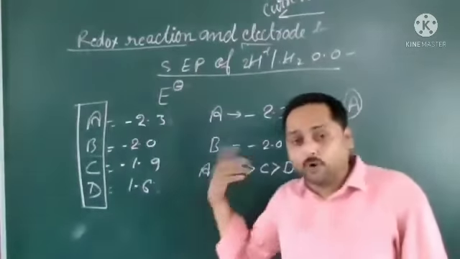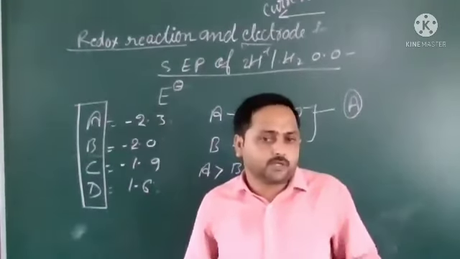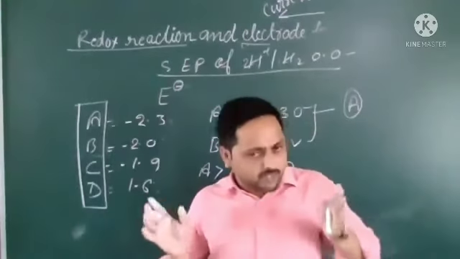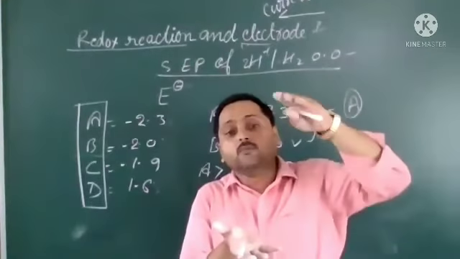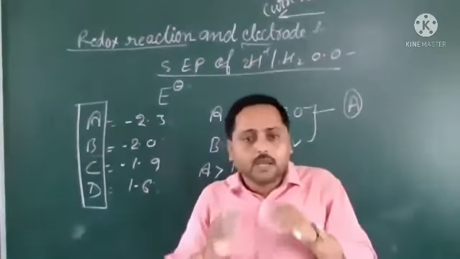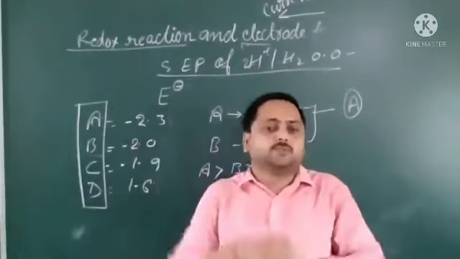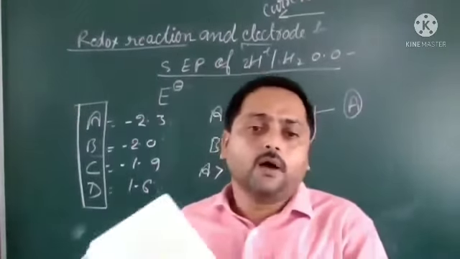And what is the importance of standard electrode potential? As the value we get is more negative, that will be a more reactive species. Always keep your book with you.